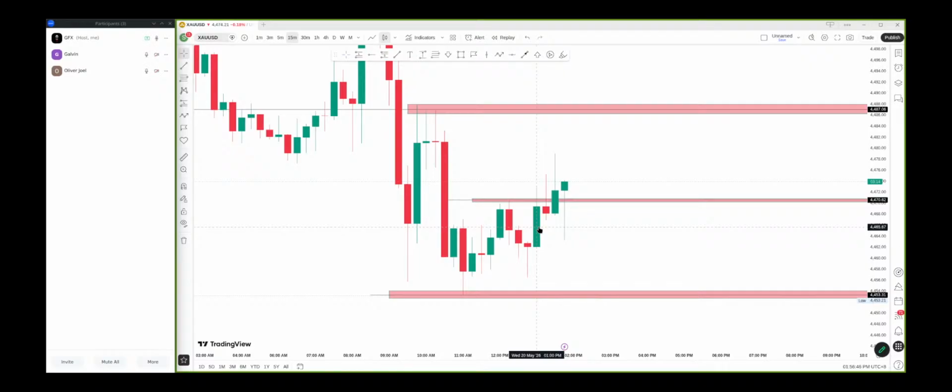That's the problem. And this rule applies to every type of formation from A to D. Not every setup is a valid entry, right? You need to be able to correlate the setup with the structure and also the formation of the whole price action.